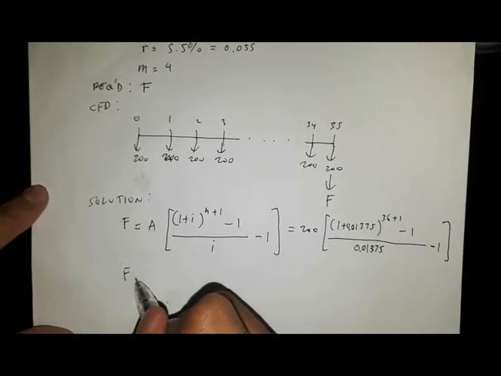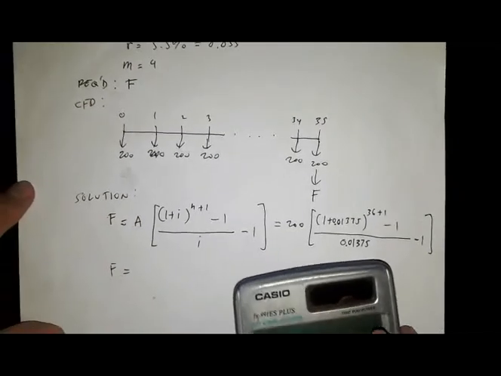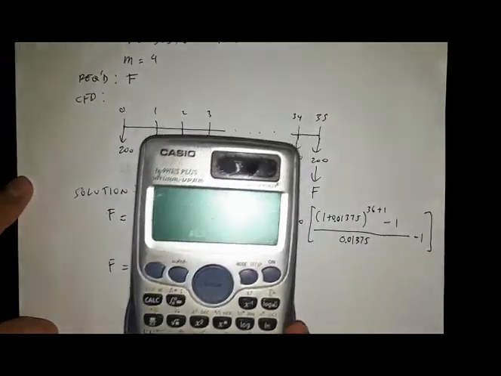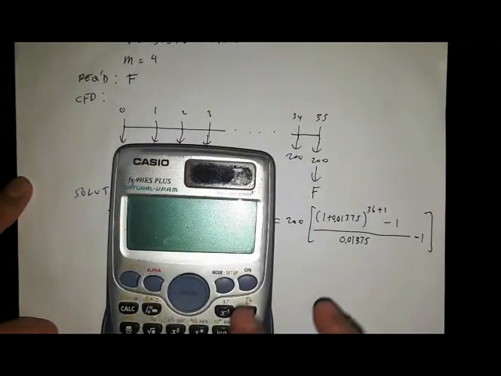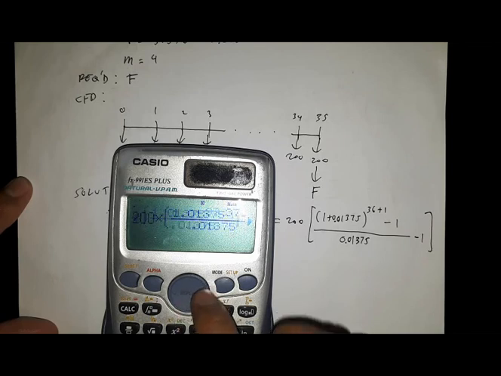So F is equal to 200 times 1 plus I raised to N plus 1 minus 1 over I, minus 1.